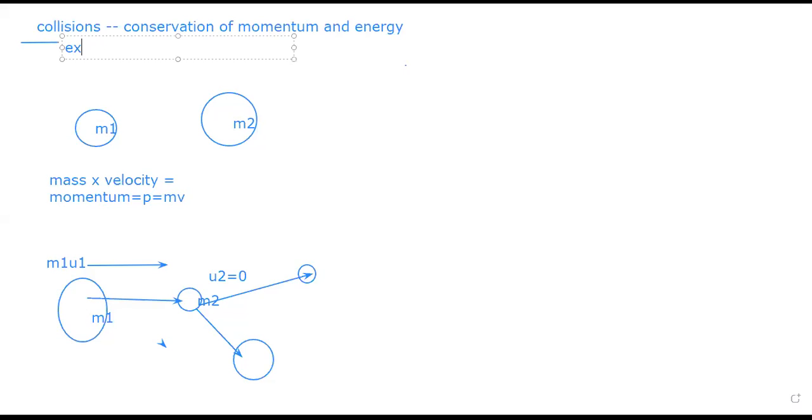So exchanging momentum is called collision. Exchanging momentum is the phenomenon when two objects hit or interact with each other. This phenomenon is defined as collision. So the proper definition of collision is the phenomenon in which momentum is exchanged between two masses or two objects.